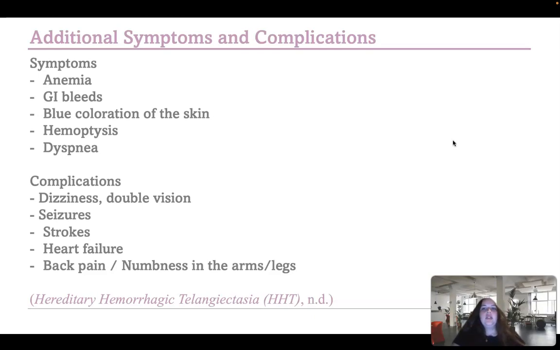Some of the less severe complications include dizziness and double vision, which, untreated or unnoted to the doctor, could become more complications like seizures, strokes, and heart failure. The back pain and numbness in the arms really only affects people who have those telangiectasies in their back. But numbness could lead to other issues, like not realizing that you're bleeding or cut.